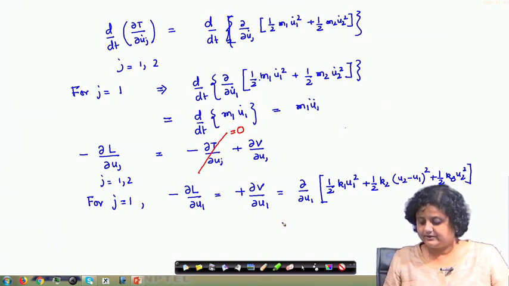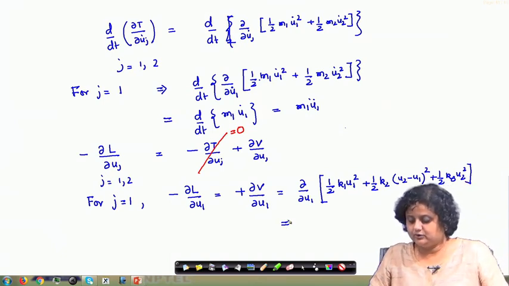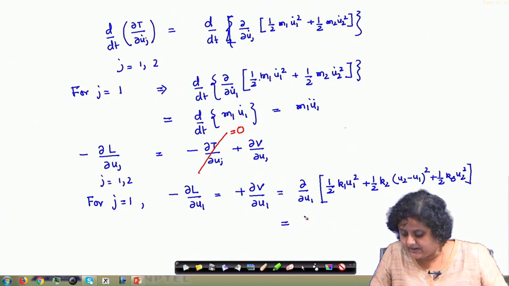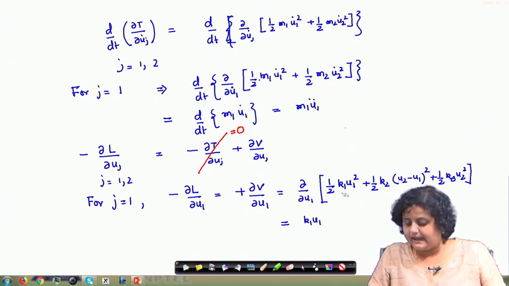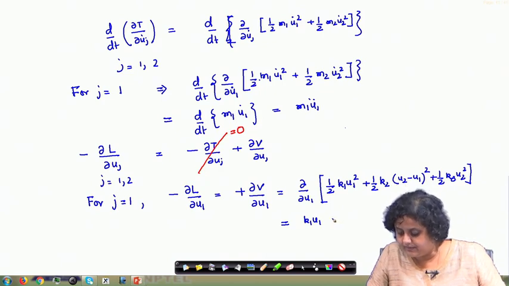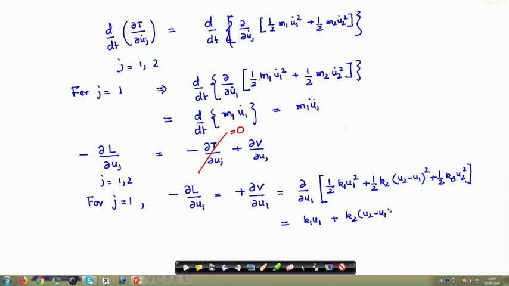If I take this derivative, how is this going to look? This is going to become k1 u1, and this is going to become k2 (u2 minus u1), and minus of it, since I have minus u1. So, this is what I get for j equals 1.